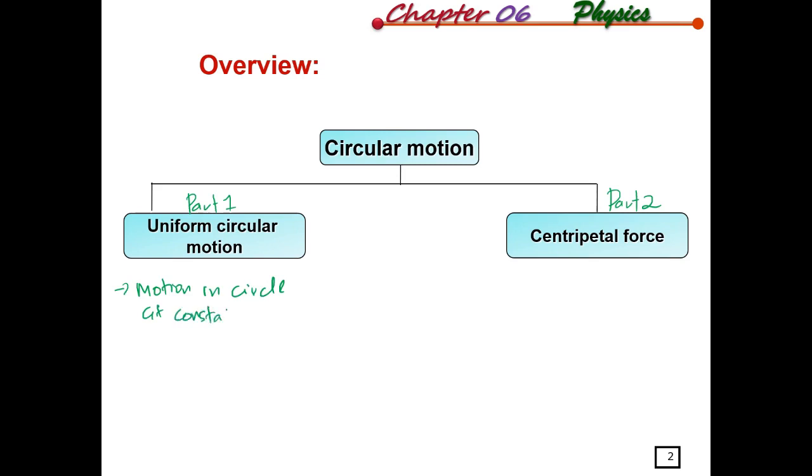In this definition, the most important thing is the constant speed, not velocity, but constant speed. So the definition for circular motion is a body in circular motion at a constant speed.